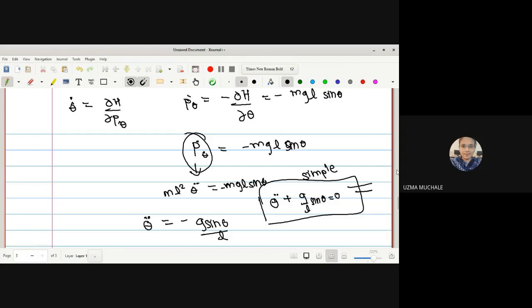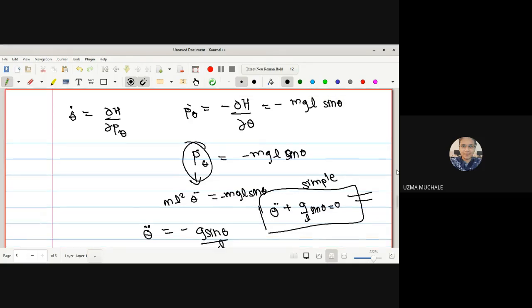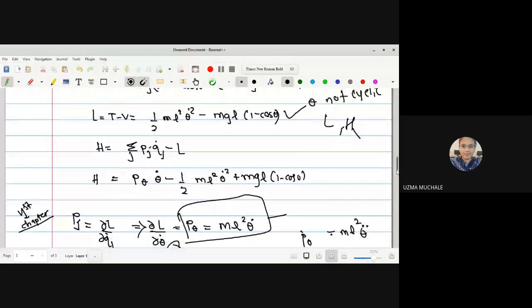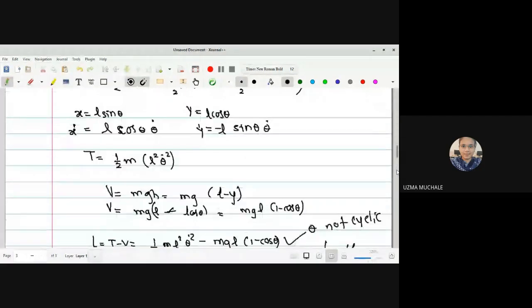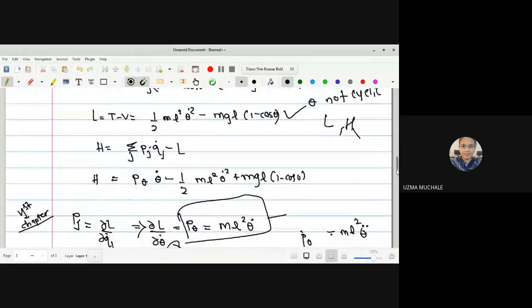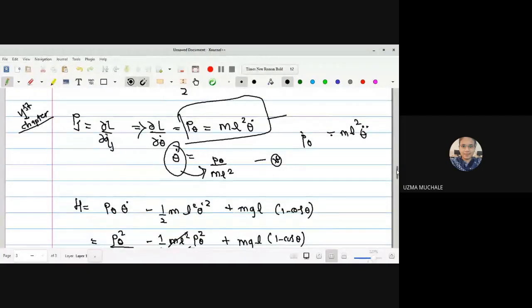You can verify that the equation we have obtained by using the Hamiltonian as well as by using Lagrange's equations of motion are the same. So what is the difference in the steps? After finding L, we are using Lagrange's equation of motion in our first chapter. But now in this case, we have to use a Hamiltonian H. After using Hamiltonian H, you have to replace theta dot or x dot, whatever qj dot we have.